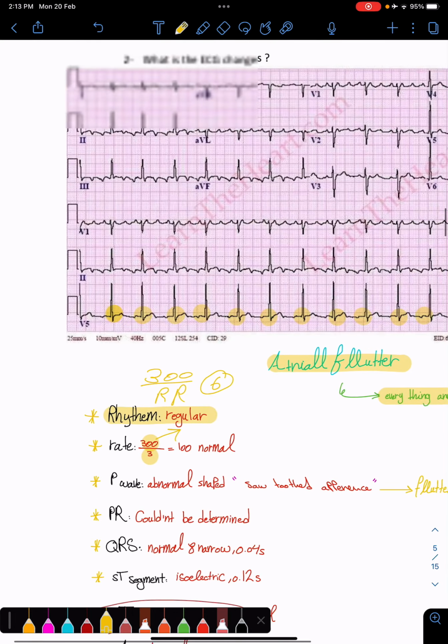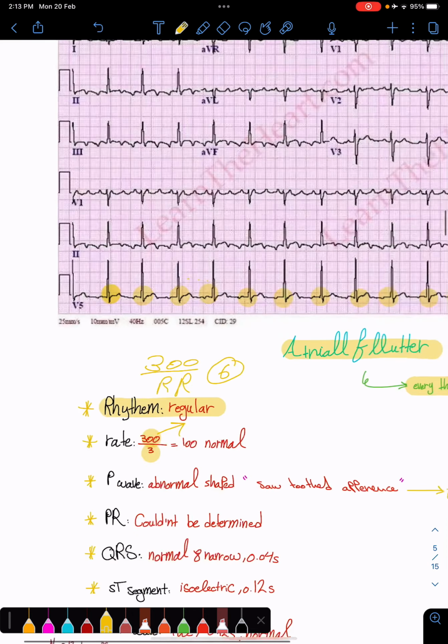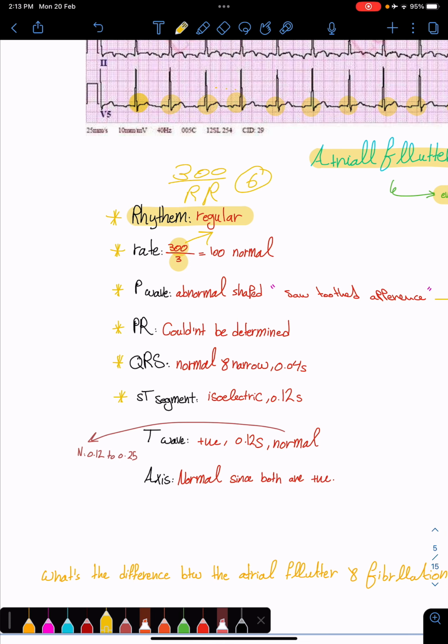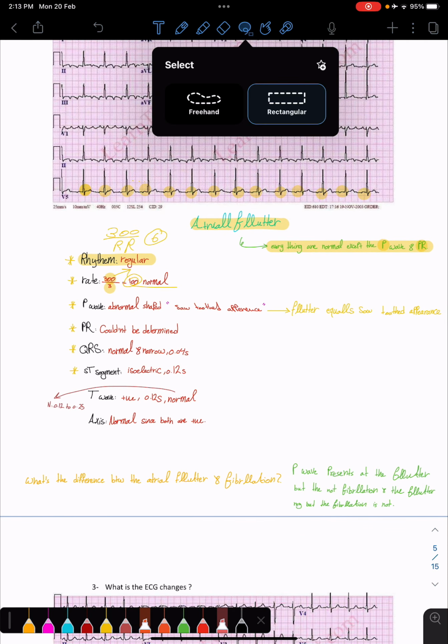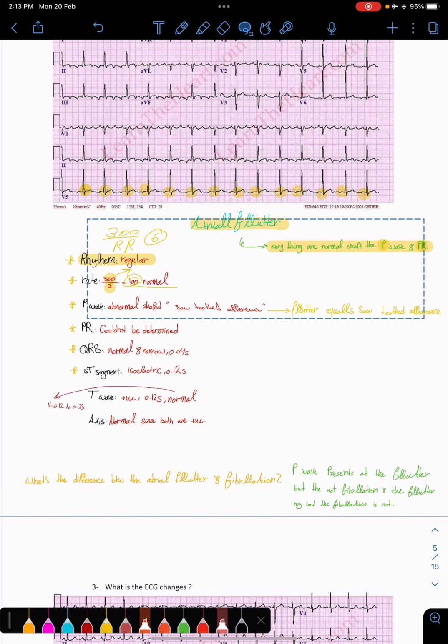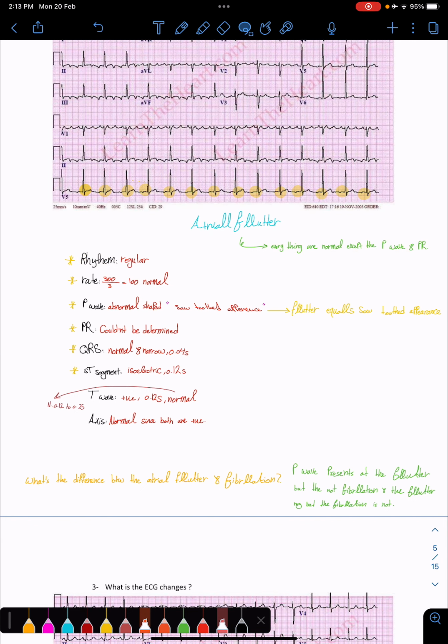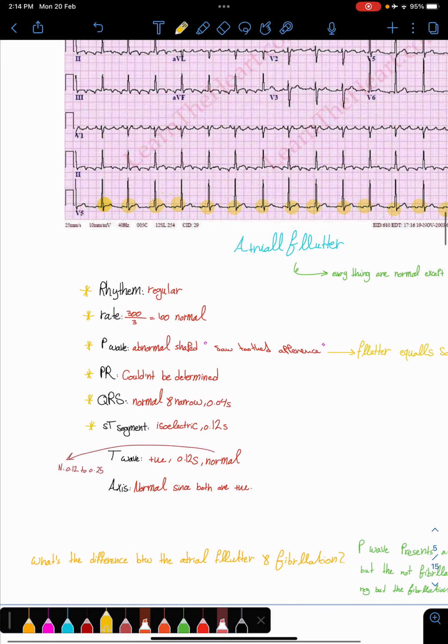Because it's regular, we use 300 over the R interval. Here, once you measure that, 1, 2, 3, it's 3 big squares, so 300 over 3 equals 100, which is normal. This is something we have to mention here, because it makes us differentiate between atrial flutter and atrial fibrillation.